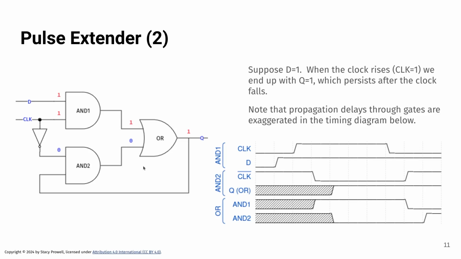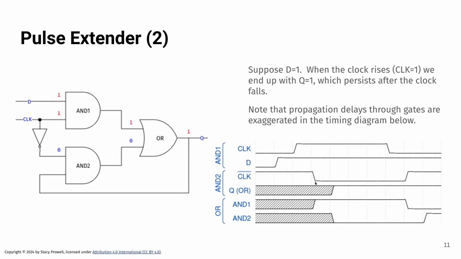In addition, we'll notice a few other little things. The clock signal passes through an inverter and passes into AND 2, so we have the inverted clock. That's what this little clock with the bar over it is. And so you can see that the clock goes to 1 up here, and after a small propagation delay, the inverted clock falls to 0.